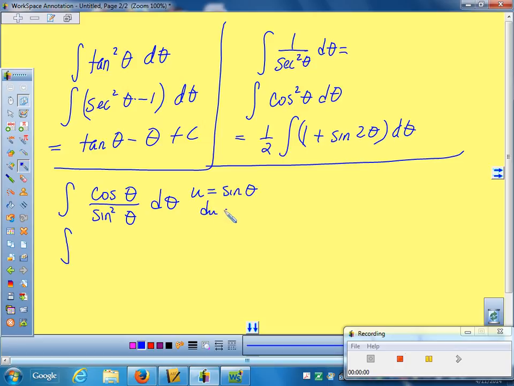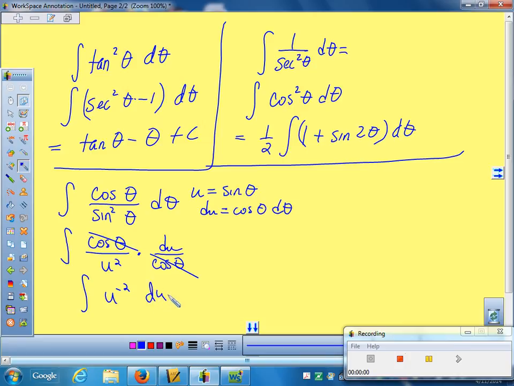The derivative is cosine, and then the cosine is going to cancel. Because I'm going to have cosine over u squared, which is going to give me du over cosine, and the cosine cancels. And you'll have to integrate u to the negative 2.